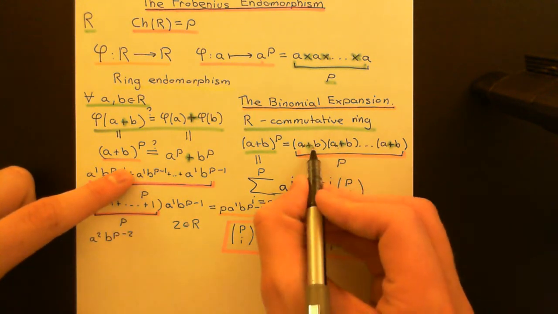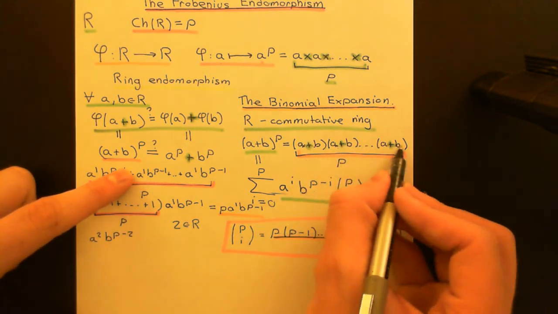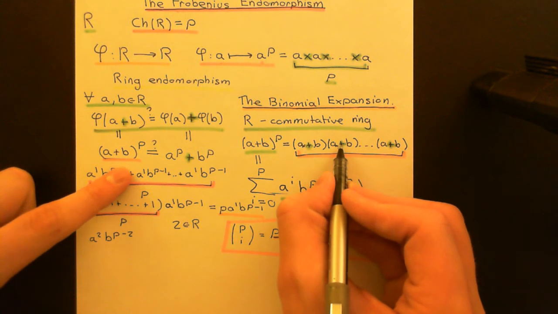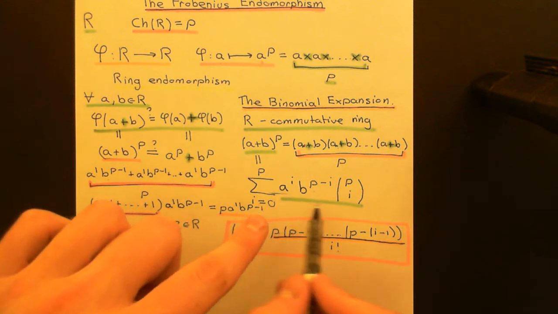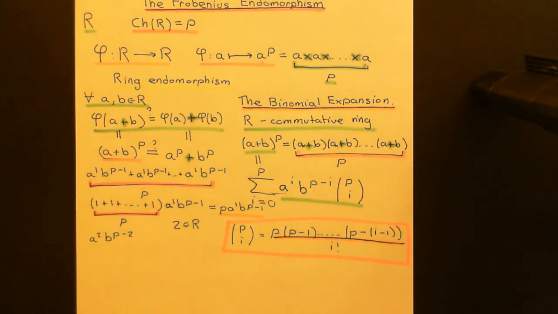If we, for instance, took b from here and then a from here and b from all the rest, the a wouldn't be in the front. And if we don't have commutativity, we don't have the right to switch them round. So unless you have commutativity, you don't have the right to say that all of these terms with the same number of a's in and the same number of b's in are actually the same, because they're multiplied in different orders, and only with commutativity can you say that that doesn't matter.